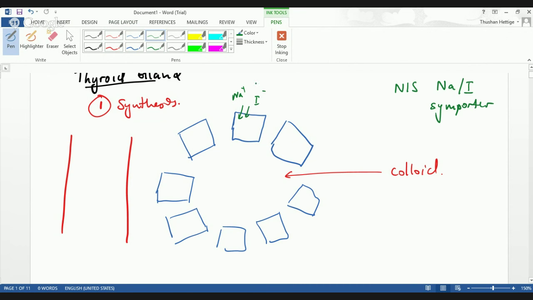When iodine is concentrated inside the cells, it travels into the colloid by means of diffusion. So effectively you have iodide ions swimming around in the colloid.